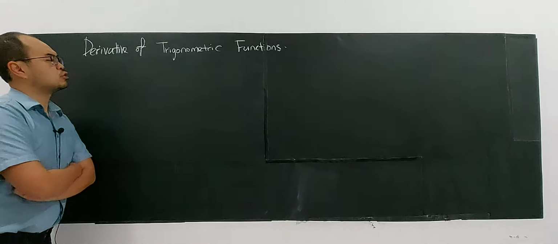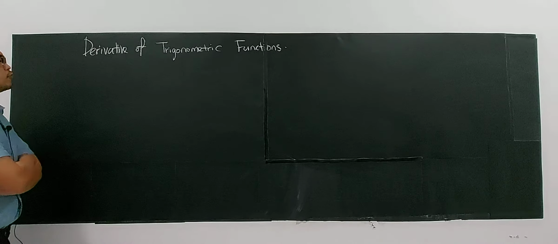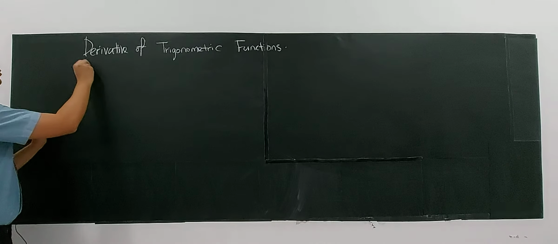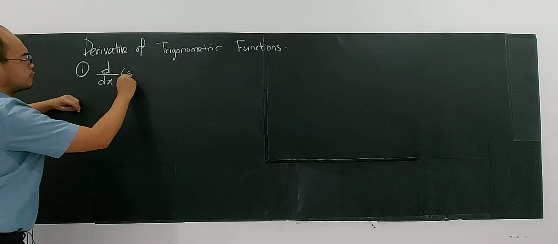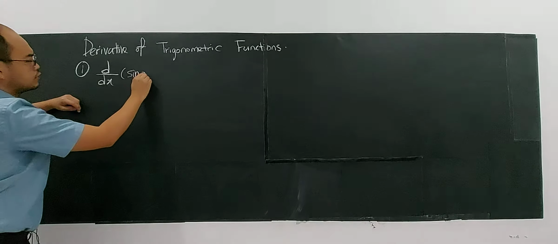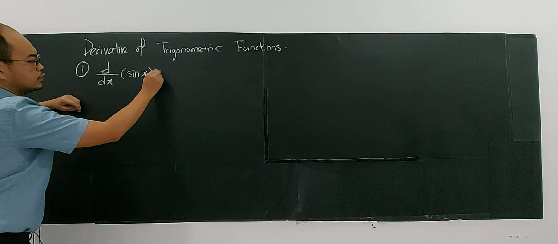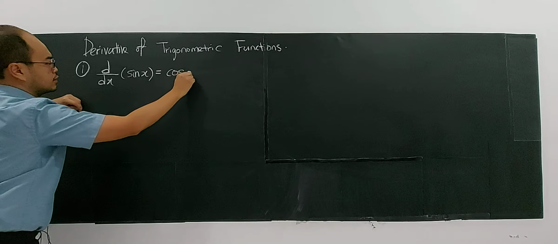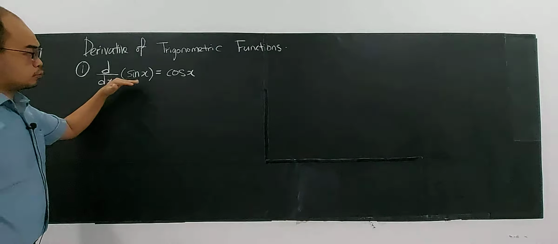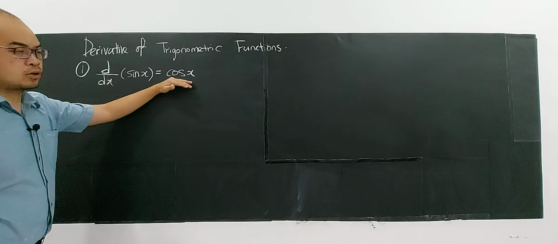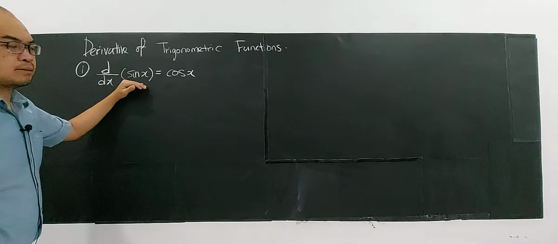Alright, so I'm going to show you the most basic forms. The first one will be, if you differentiate a sine function, for example sine x, you are getting cos x. In pre-university level, we are not going to talk about how to differentiate sine to get cos x. It involves some special theorem.